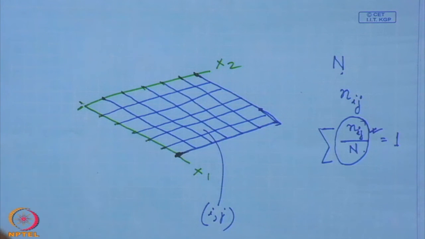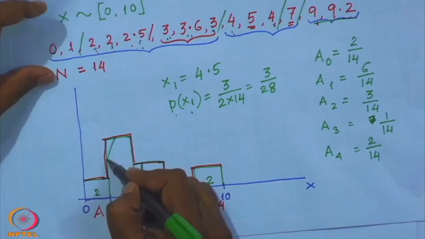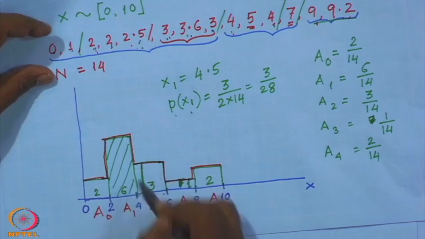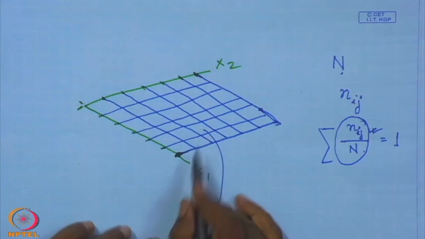So, you find that in two dimension, the kind of estimate that we had over here represents an area, whereas here it represents a volume.